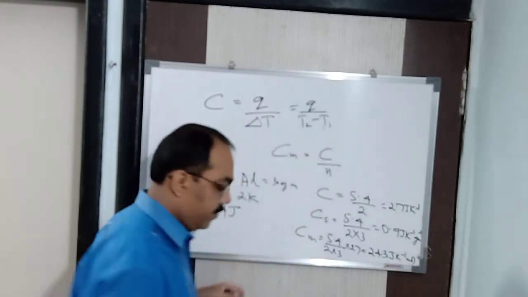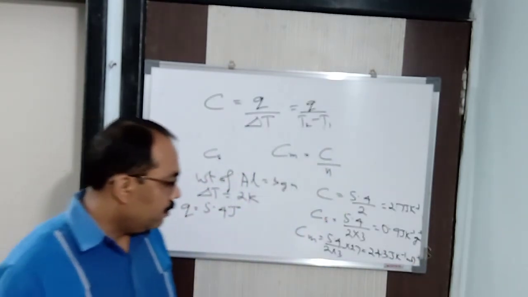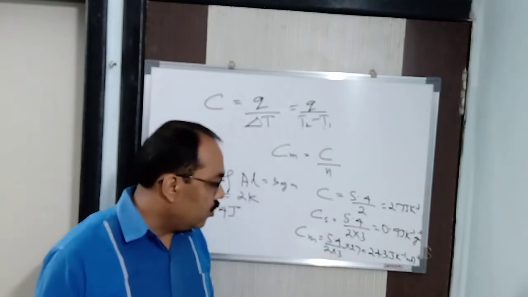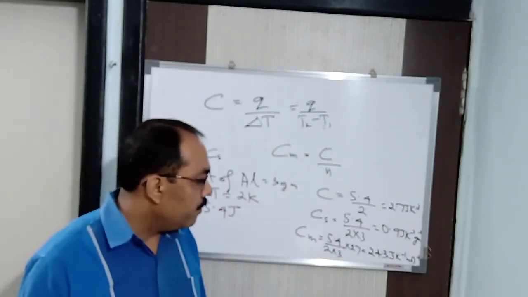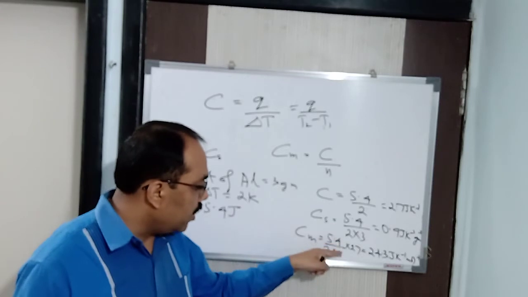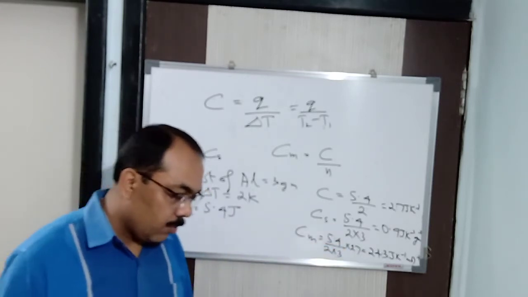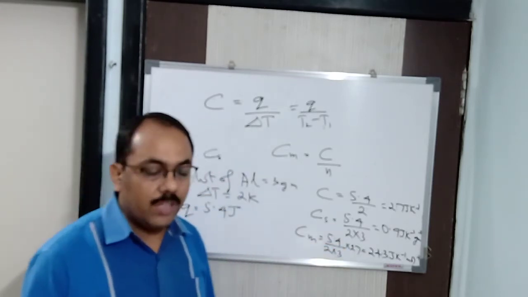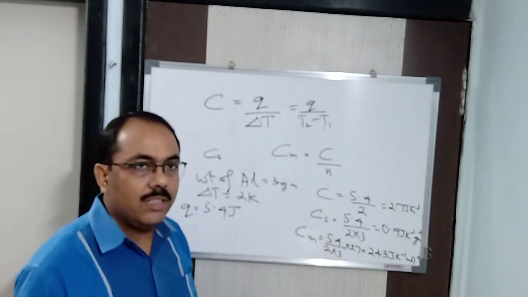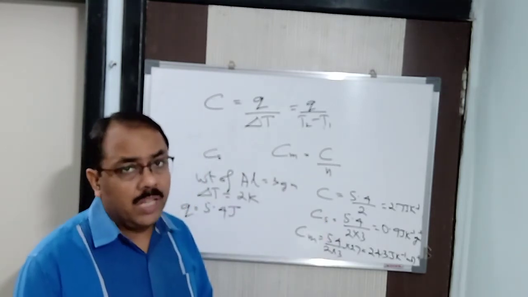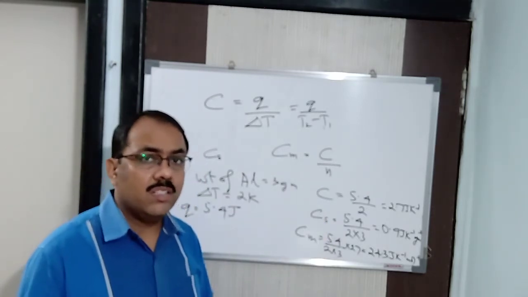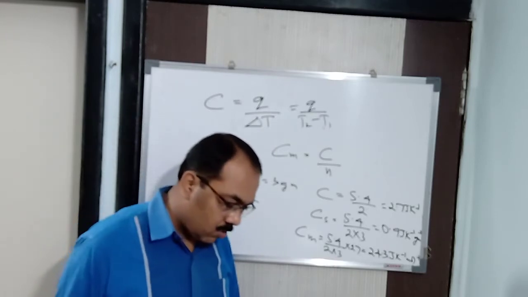You can also do 0.9 into 27 and you will get 24.3 joules per Kelvin per mole. So you can see very clearly I have given an example to explain what is heat capacity, specific heat capacity and molar heat capacity.